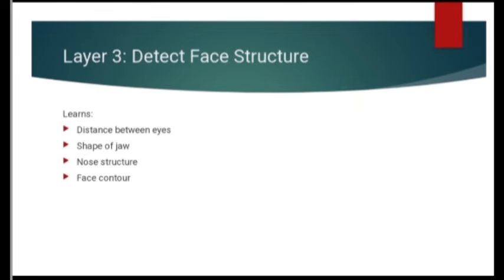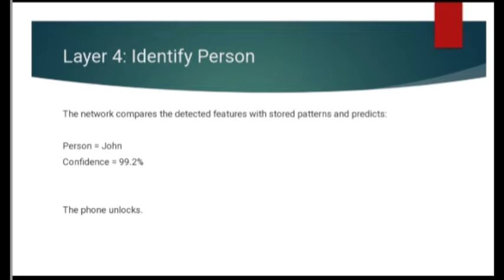The third layer learns more complex structures, that is face shape, jawline, eye shape, and nose structure. The next layer identifies the person. This layer combines everything together. Now the system understands that this entire structure represents John's face. This hierarchical learning is what makes deep learning powerful. Each layer learns increasingly complex information.